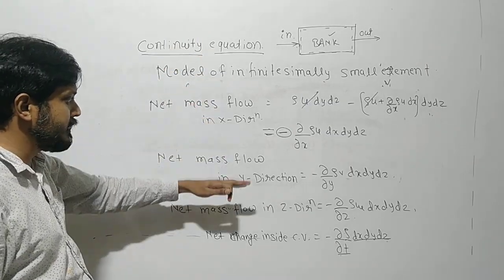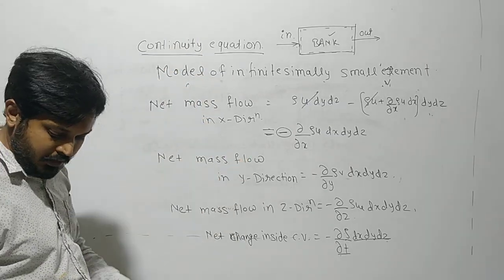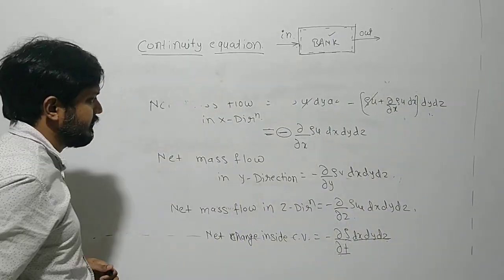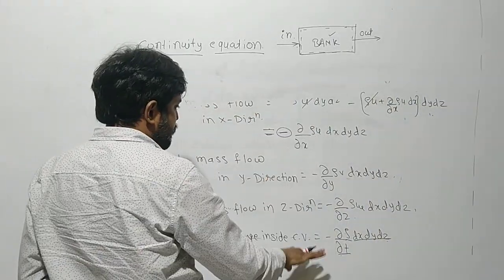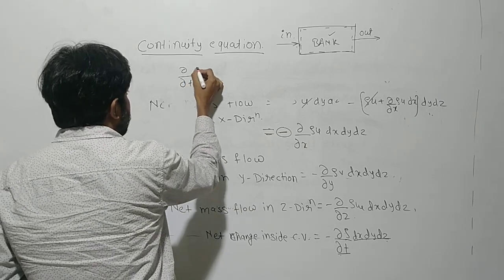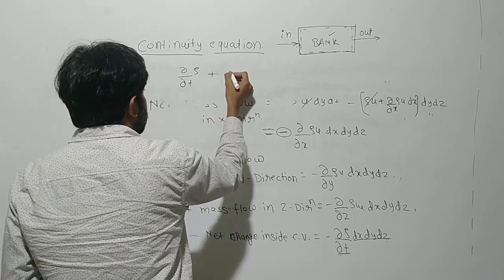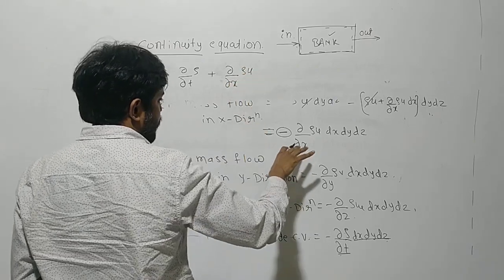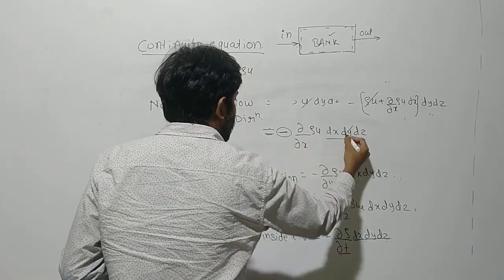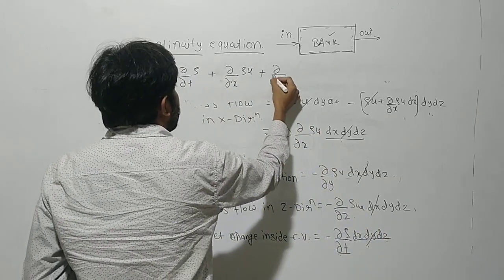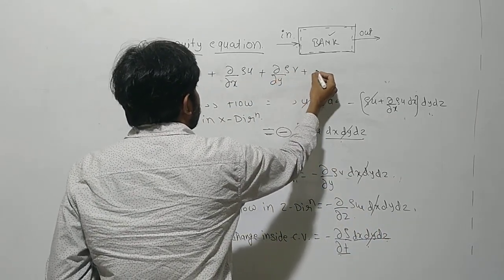And if I write this complete equation in one sentence, how can I write it? Finally this will be positive, so del by del t, first I write this. Then dx dy dz, I cancel out from every term, and finally I write this equation.